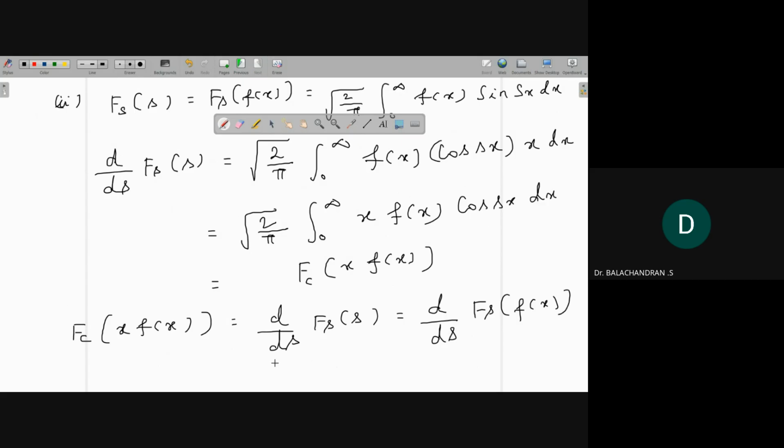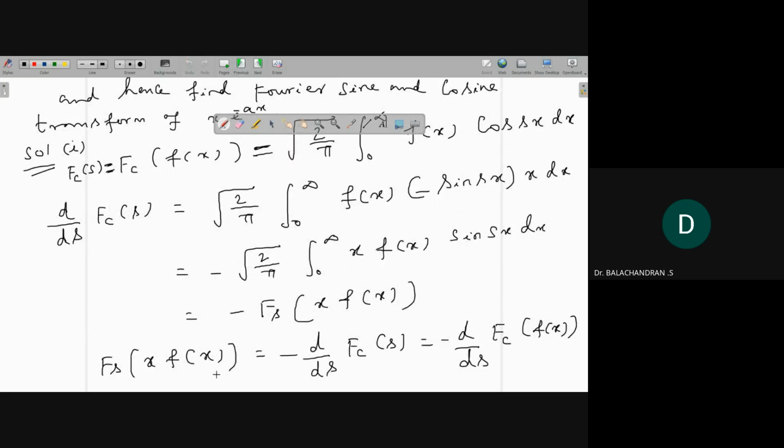So to solve the problems, you will use this relation only. This is useful. Similarly, this relation is useful.